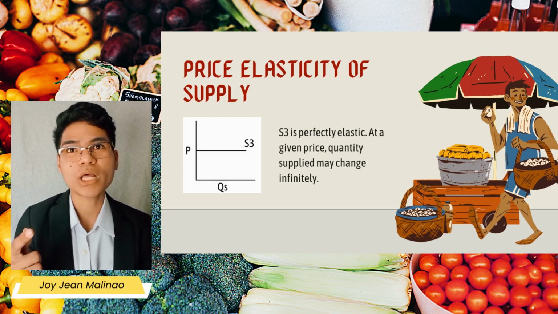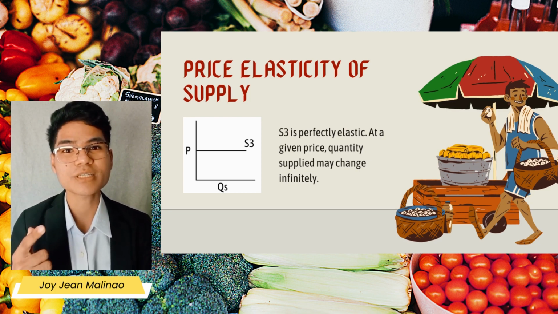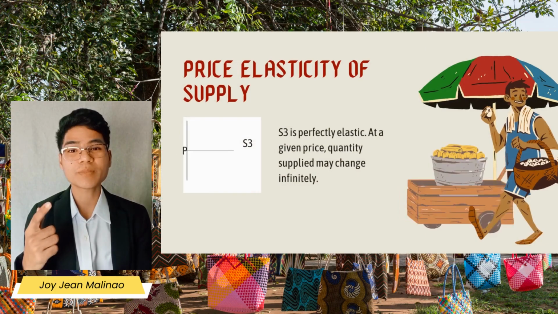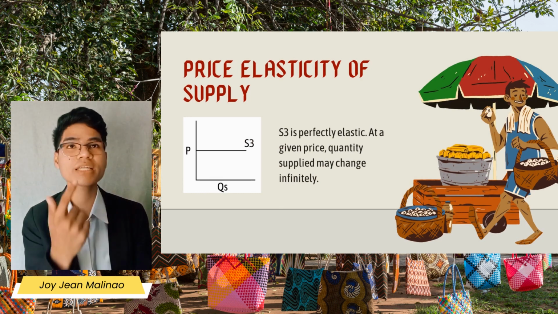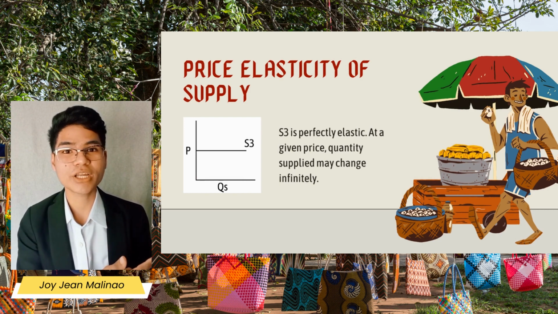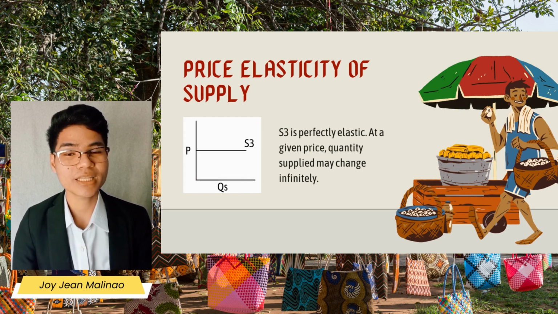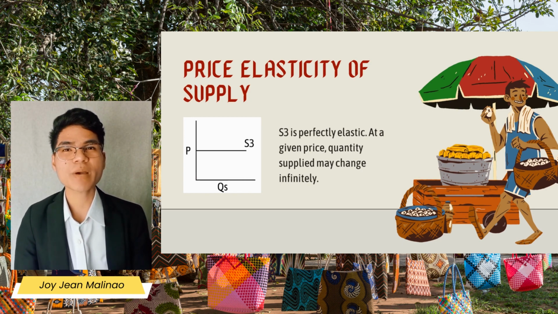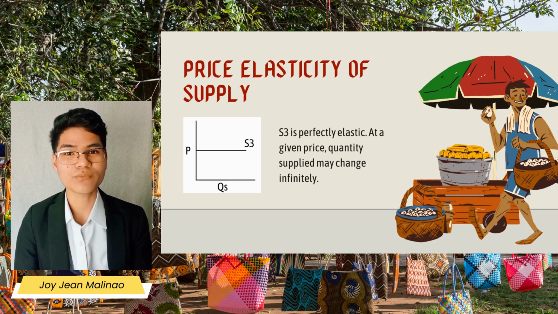For example, on the first day, I ordered 10 kilograms and per kilogram is still 50 pesos. In the next week or next days, I'm going to avail again another kilograms of saba because the price is still the same, which is 50 pesos. So, in short, it's possible to change the quantity supplied based on the supply they have.